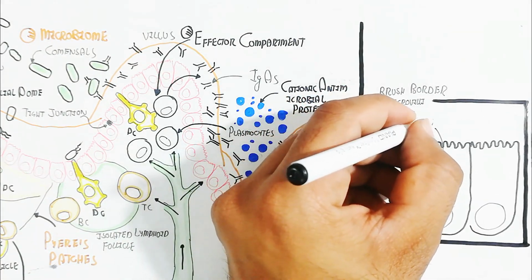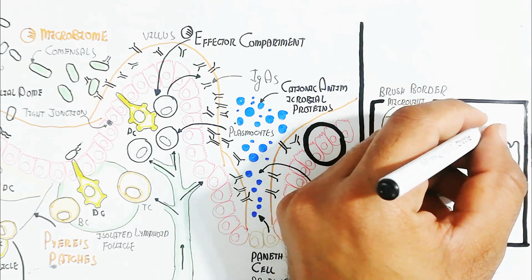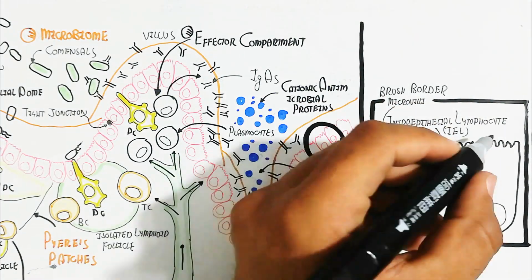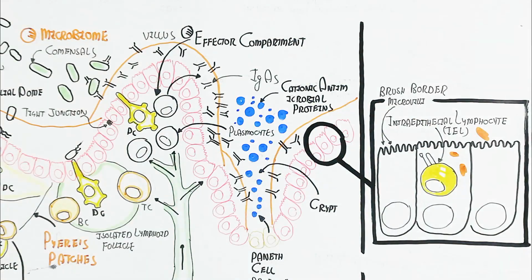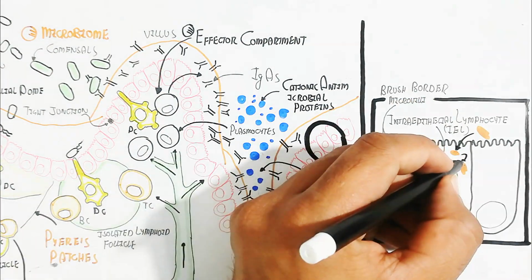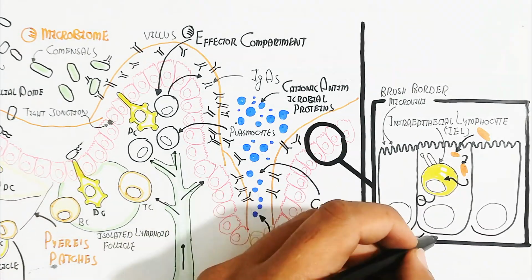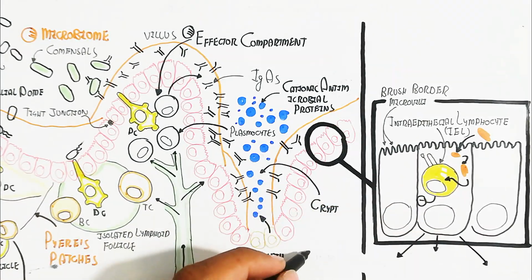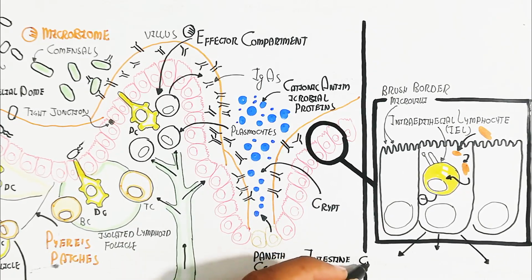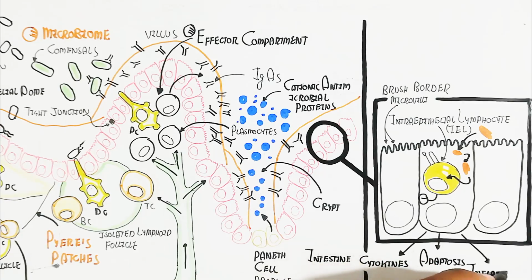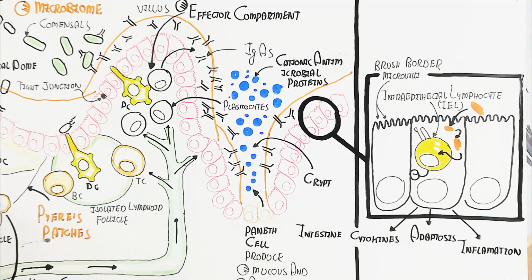Let's understand the brush border epithelium. This contains brush border microvilli; basically the villi is the bigger structure and the microvilli is a little fold in the cell. In this way, intraepithelial lymphocytes are present, and whenever there is infection, the intraepithelial cells will lead to intestinal cytokine production, apoptosis, and inflammation.